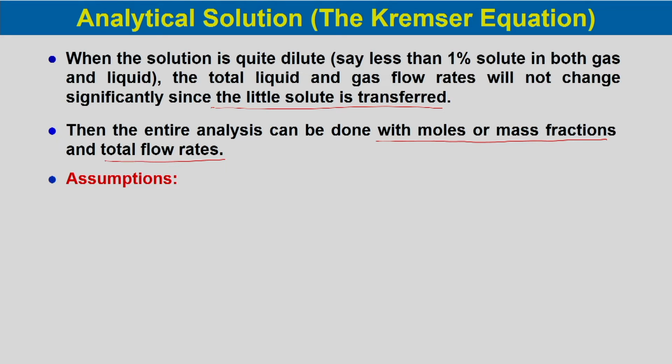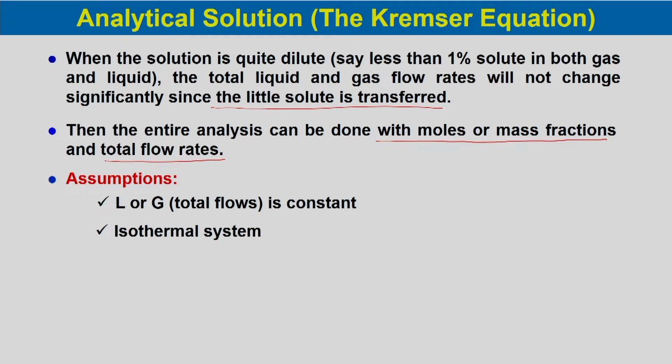There are some assumptions which we need to take to use this analytical method of solving the equilibrium cascades. L or G, that is liquid or gas, total flow is constant, that is the assumption. Isothermal system, so the system will operate at a fixed temperature throughout the operation.